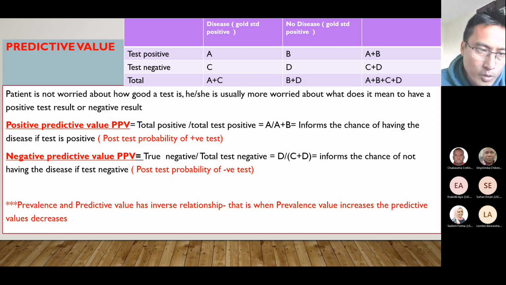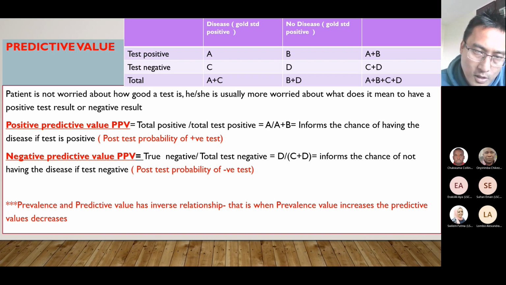So we use positive predictive value and negative predictive value to explain to the patient, if this test is positive, what does it mean for the patient to have a disease, for example schizophrenia? So for that we use predictive value. For the formula for predictive value, we go in this direction. For sensitivity we go this way, but for predictive value we go this way.